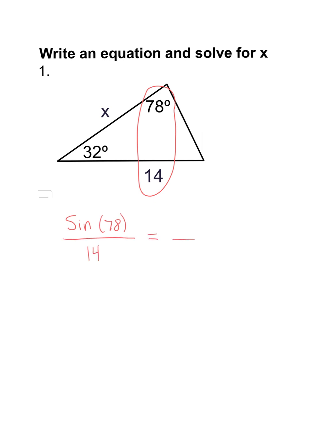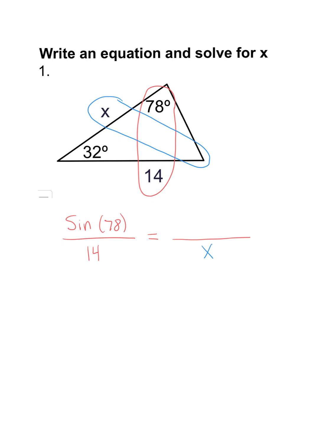The next thing you do for your next ratio is look for the variable. Our variable is x. It is a side length, so that goes on the bottom. Now we just have to find the angle that is across from side x. So I'm going to draw a loop right here. We don't have this angle, but we can find this angle because three angles in a triangle add up to 180 degrees.